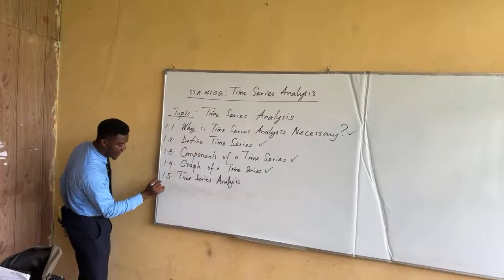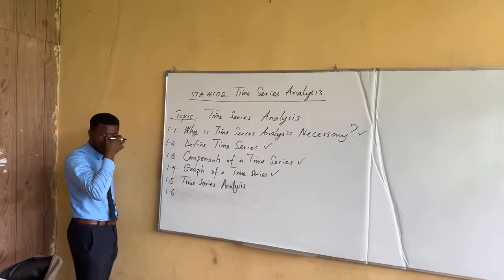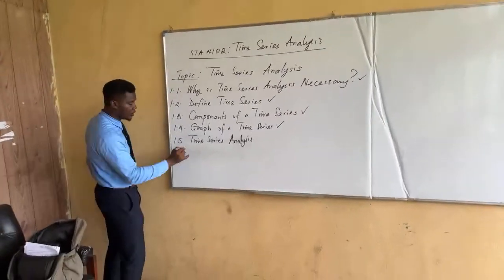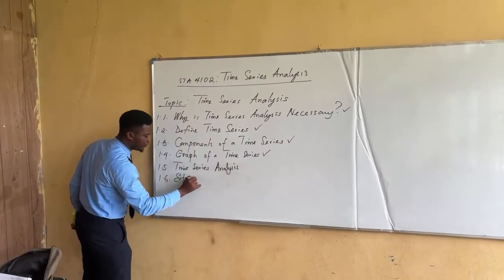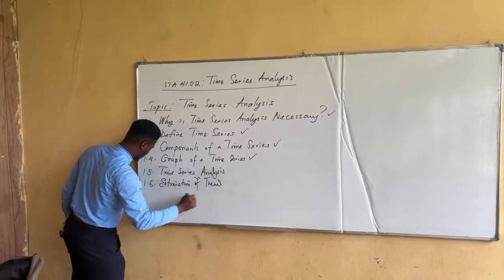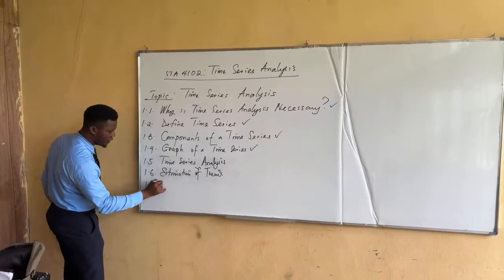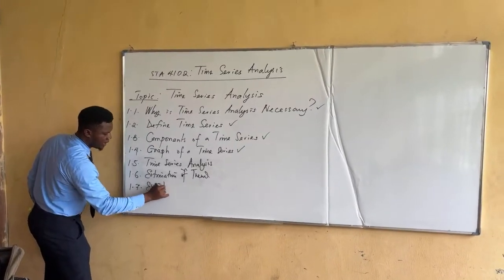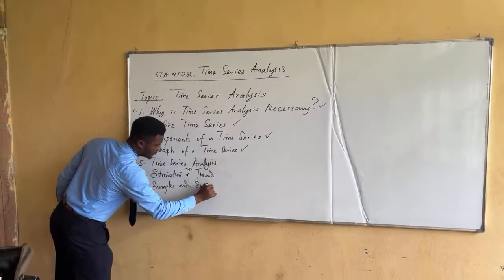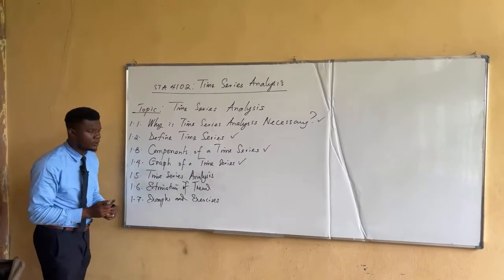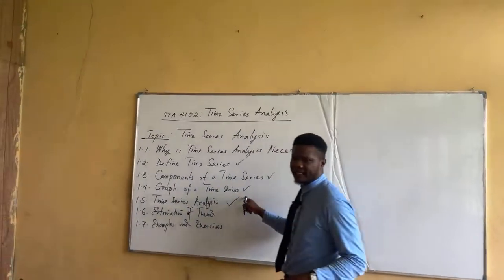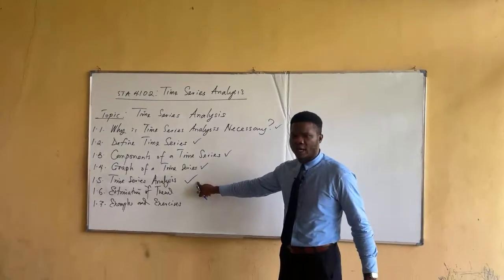So it is after this we now put 1.6 to be what was our 1.5 formerly, the estimation of trend. Sorry for that. Then 1.7 will be examples and exercises. I hope it's understood. This is my target for this class, to stop here at 1.5.